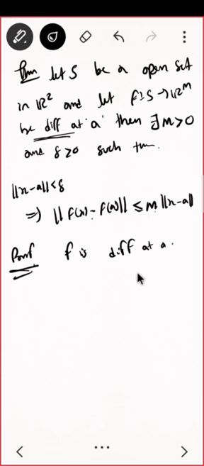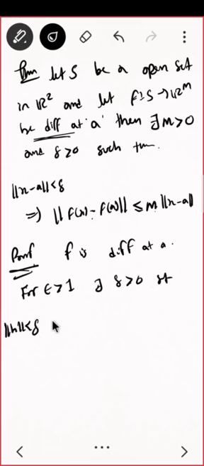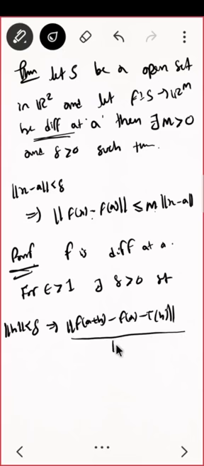No. So in particular you can choose epsilon equal to 1, there exists delta positive such that norm of h less than delta will imply norm of f of e plus h minus f of e minus T of h, upon norm h, is less than 1.